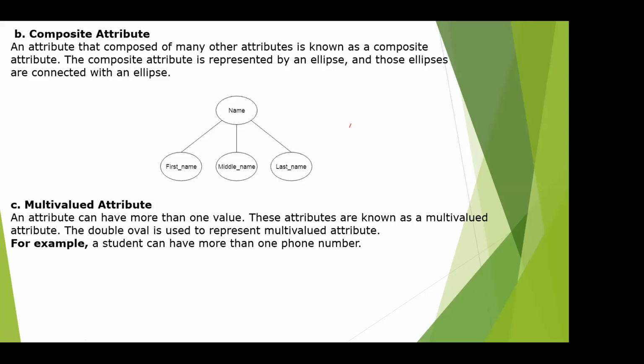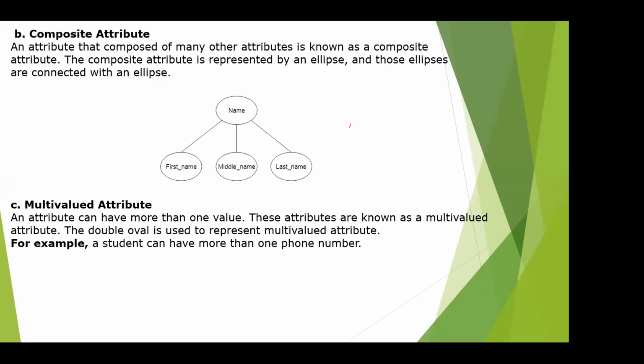Similarly, you can give another example. If a person has a multi-valued attribute, that means a person has two phone numbers. My father has two bikes, or I have two laptops and two mobiles. How do you represent a multi-valued attribute?